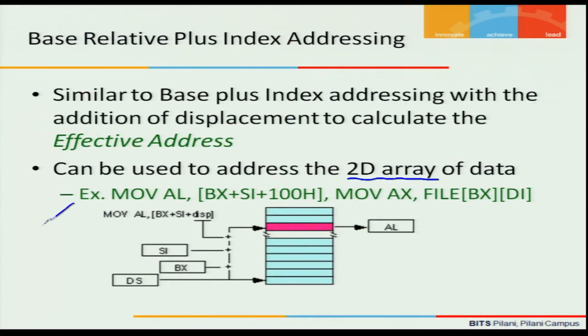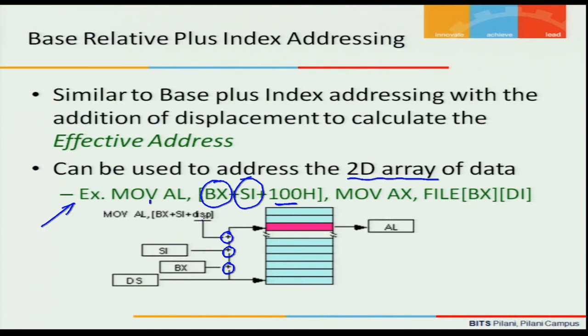So as this example here shows, the effective address would be calculated as the summation of the contents of two registers and an immediate value which is added to the contents of these two registers to produce the final effective displacement in the data segment. So the instruction given in this example would work in such a way that in the data segment you will go to an offset given by the addition of the contents of BX to the contents of SI to the immediate displacement which is specified here.